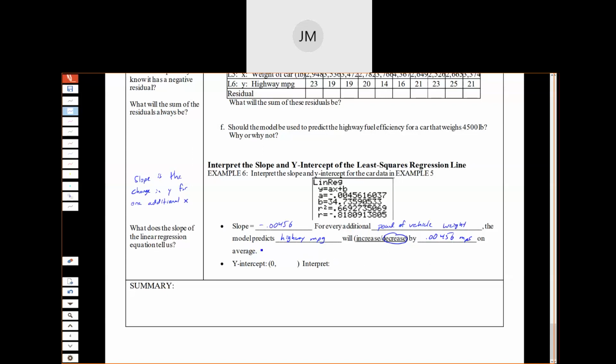Okay, so we recognize that our model isn't going to exactly fit all of the data points. It's giving us a general trend or an average for how the cars behave. Okay.